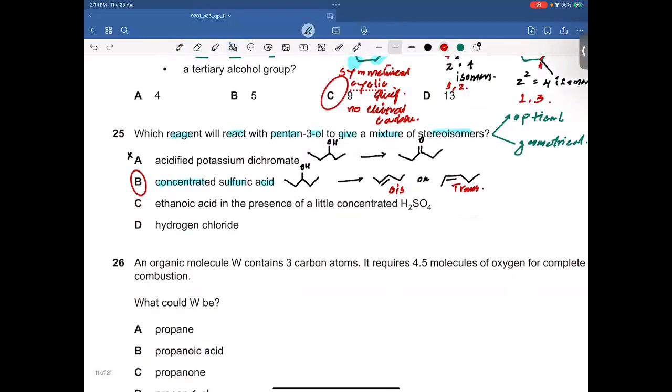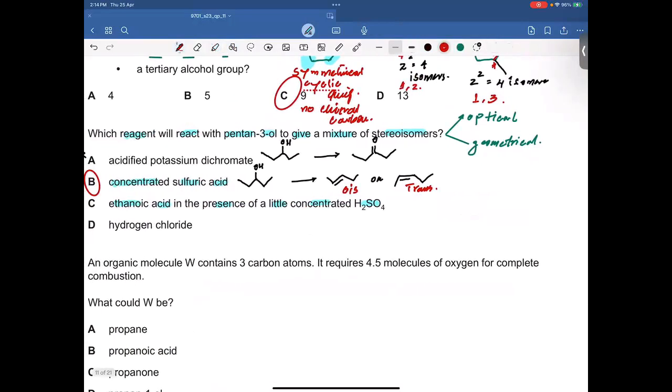Let's talk about C. Ethanoic acid in the presence of a little concentrated H2SO4, that means an ester is formed. So pentan-3-ol is like this. And when pentan-3-ol, 1, 2, 3, 4, 5, reacts with ethanoic acid, you will get an ester.